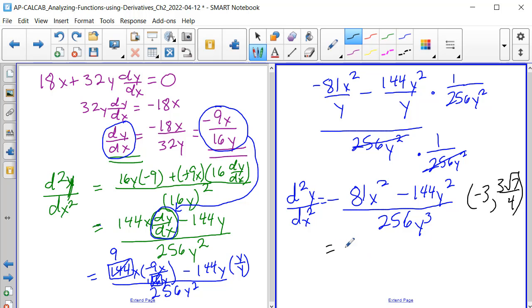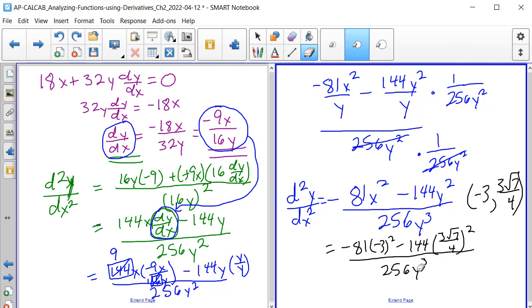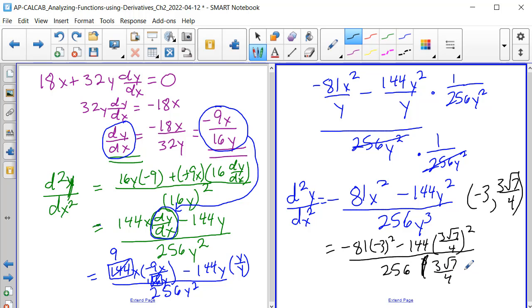And when doing so, we're going to have negative 81 times negative 3 squared minus 144 times 3 times the square root of 7 over 4 squared, all over 256 y to the third. Oh, and we can substitute y in there. So let's do that really quick. So we have 256 and then 3 times the square root of 7 over 4 to the third power.